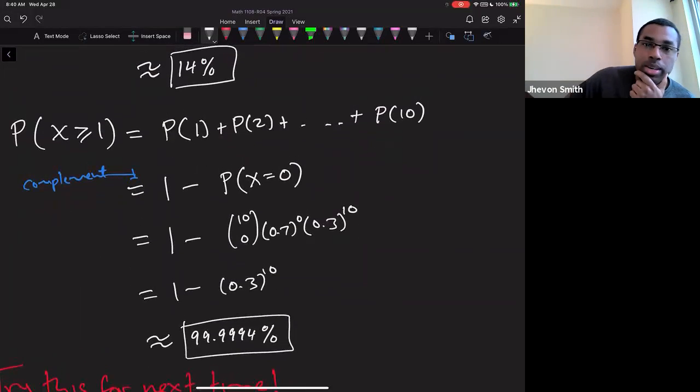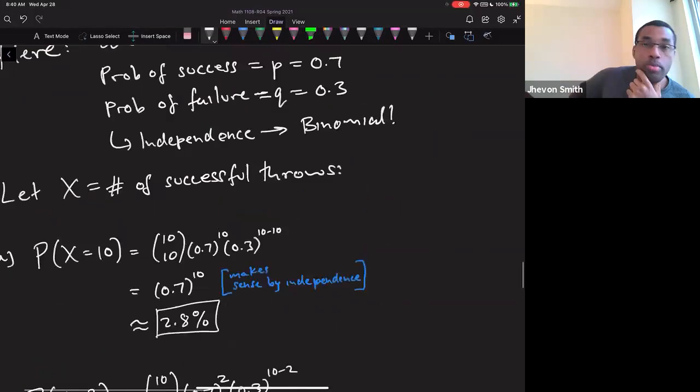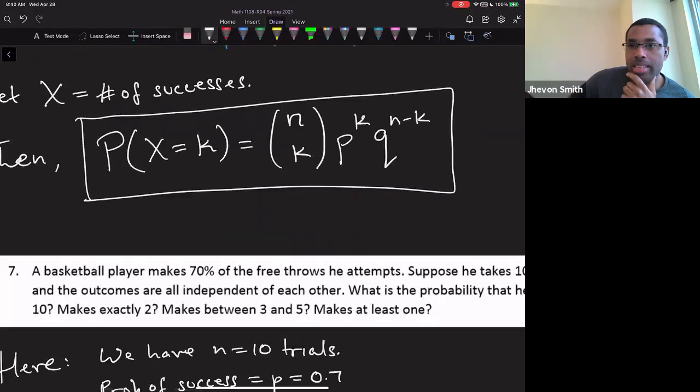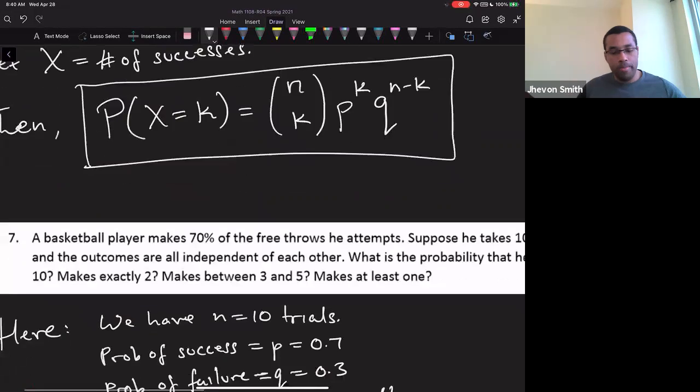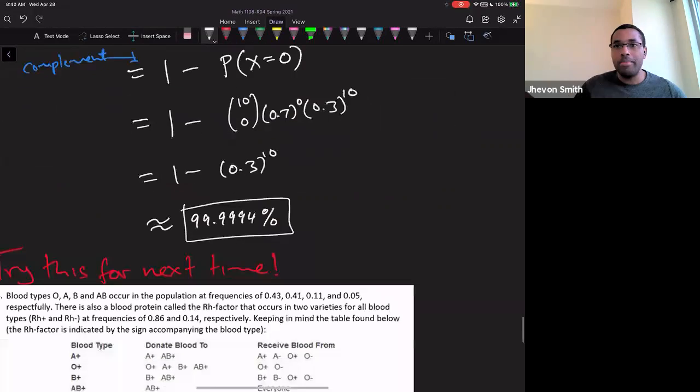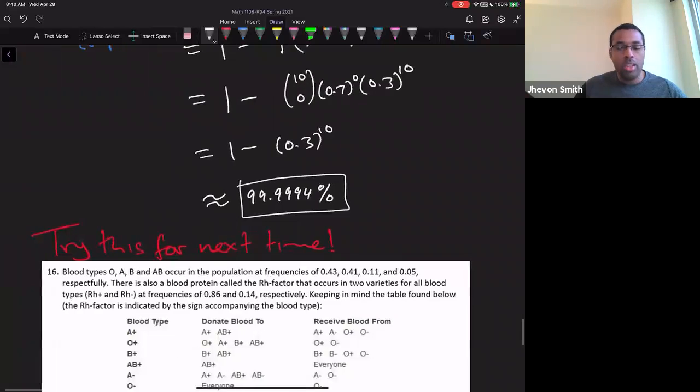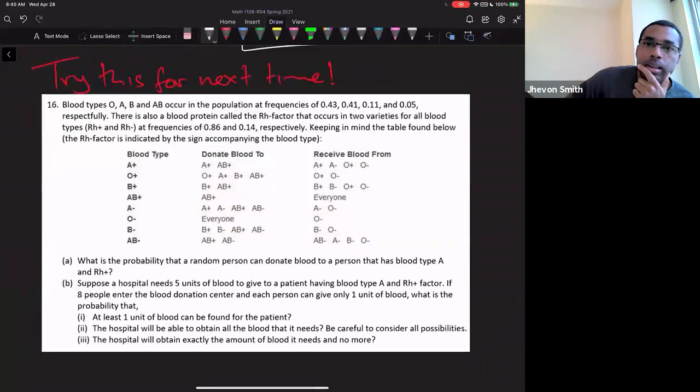That's 99.9994%, which, I mean, this is a guy who makes 70% of the shots that he takes, right? So out of 10, you expect roughly that he will make around 7. So the chances that he's going to get greater than 1 are pretty high, right? You can kind of almost count on it, right? And I left you with another example to try, this same thing. And that's how we're going to start off today.